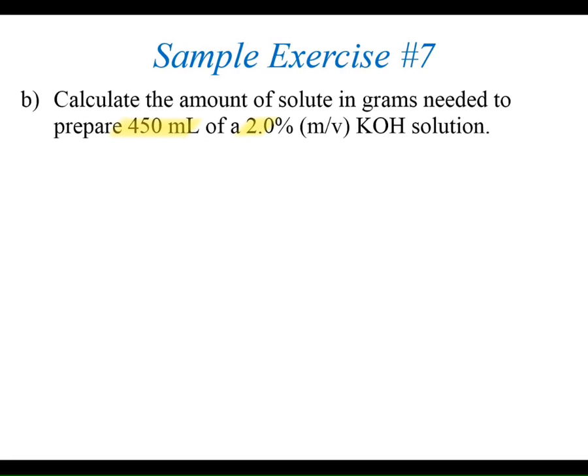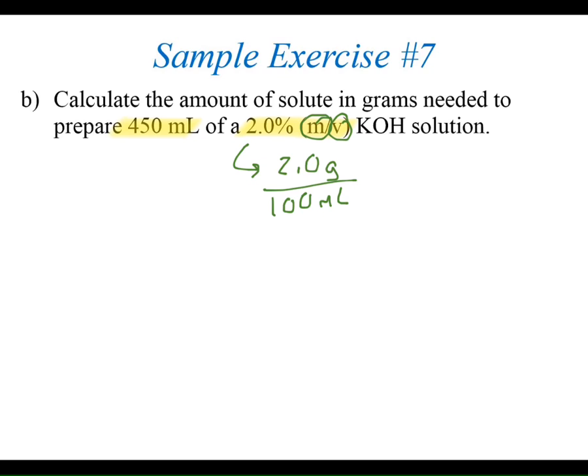And the 2% M/V, so what's another way to think of the 2%? We just kind of did it like in the other one. 2 out of 100. What unit would I put on that? Grams over 100 milliliters. Mass over volume, so grams over mL.